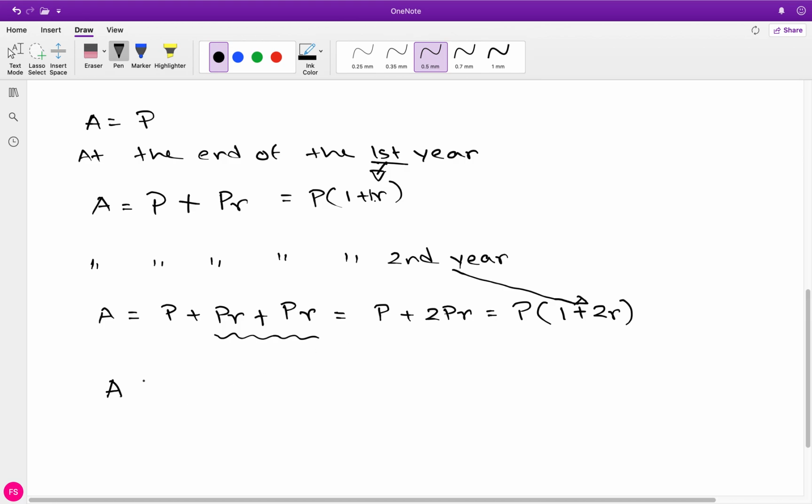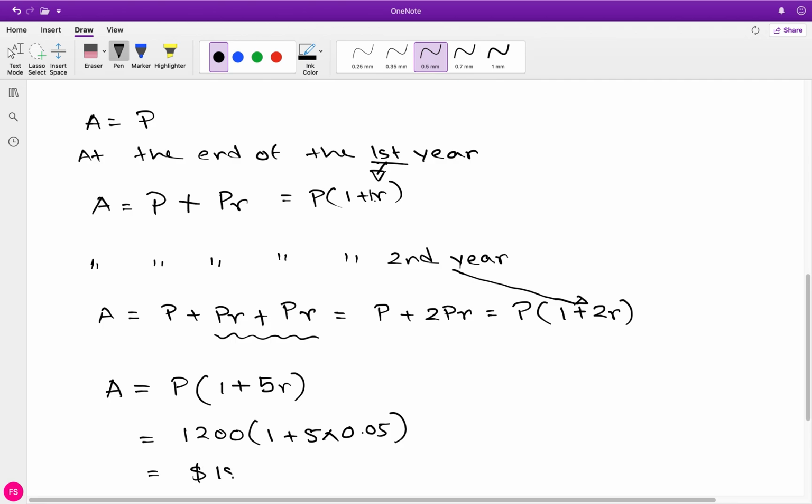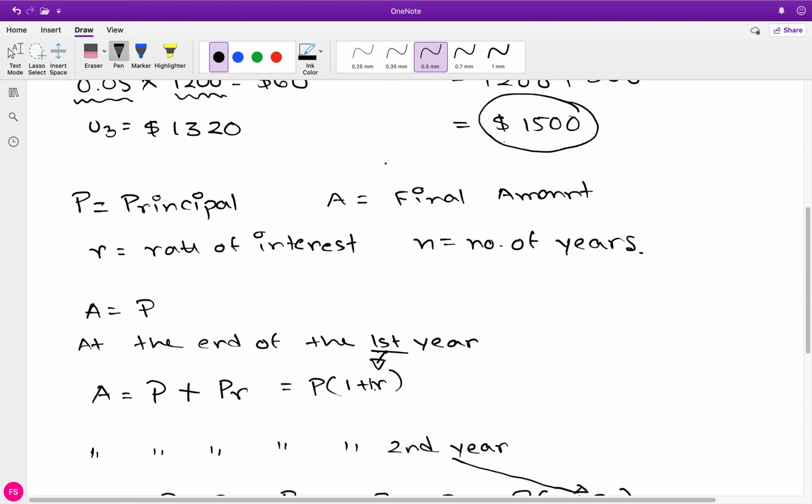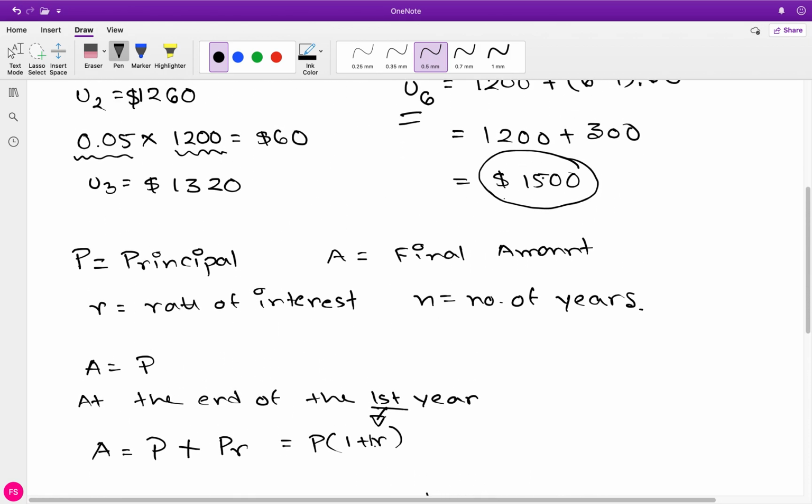So my A for 5 years is going to be P times 1 plus 5R. My principal in this question was $1,200. 1 plus 5 times the interest rate, which was 0.05. If you calculate it, you will get $1,500, which is the same answer as this one.